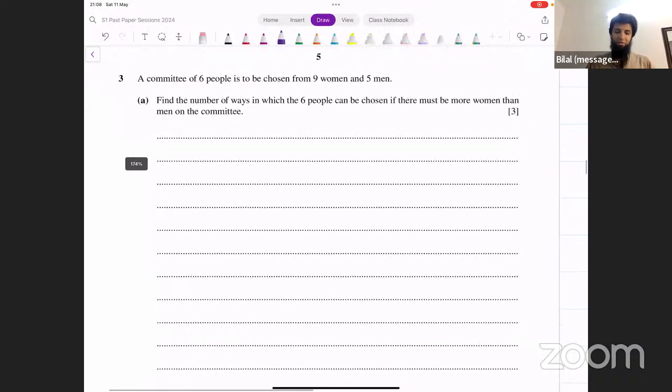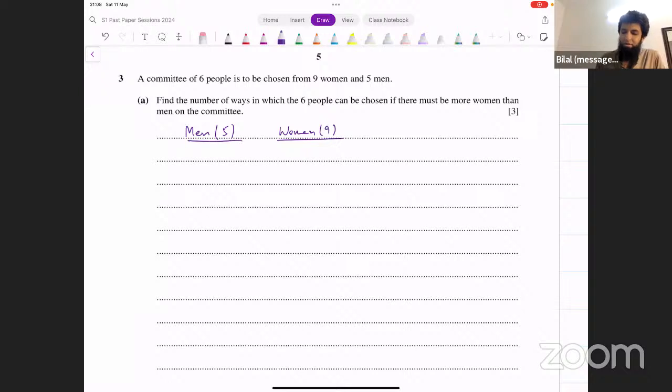A committee of 6 people is to be chosen from 9 women and 5 men. Find the number of ways in which the 6 people can be chosen if there must be more women than men on the committee. Now, what we do is we write the number of men. There are 5 men. We write the number of women. There are 9 women.